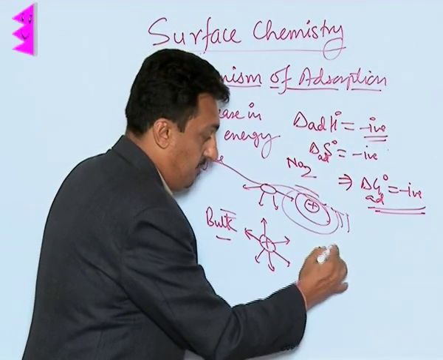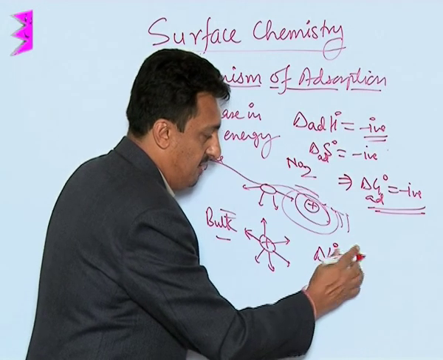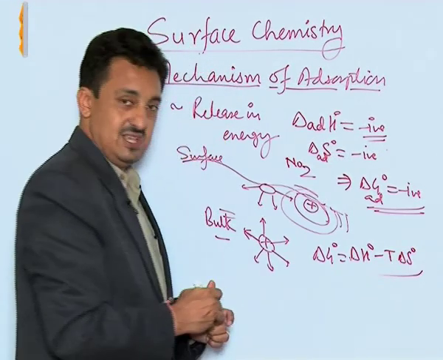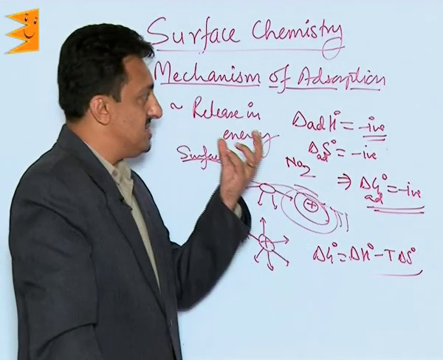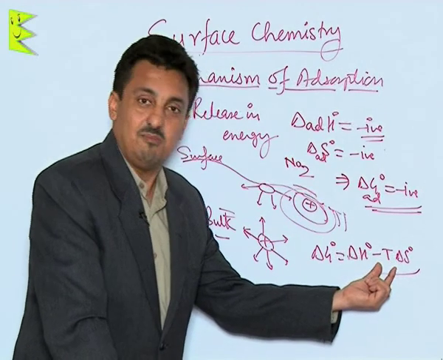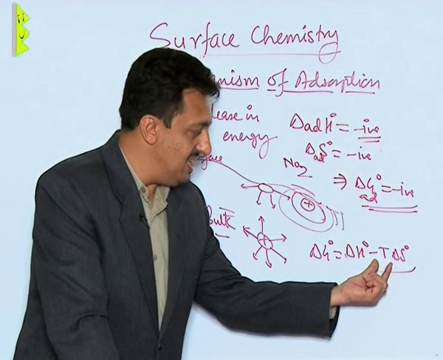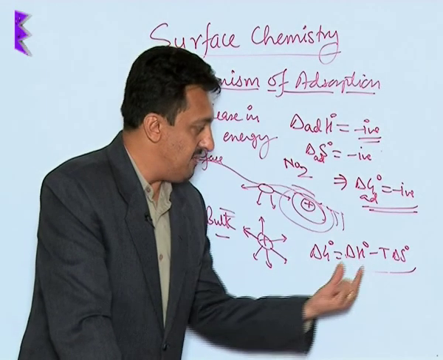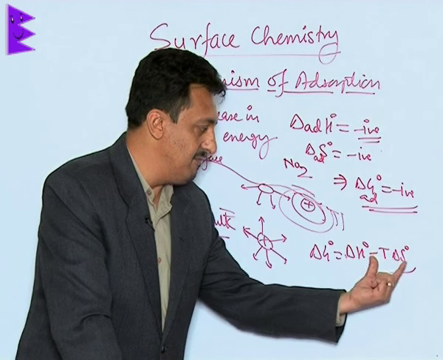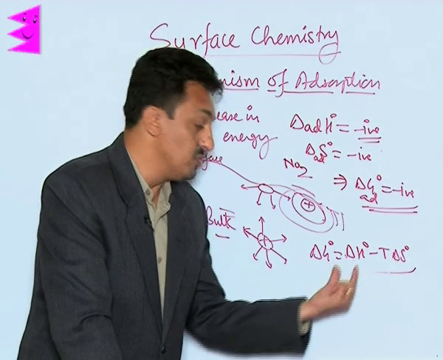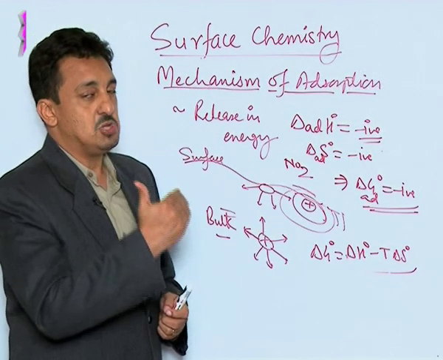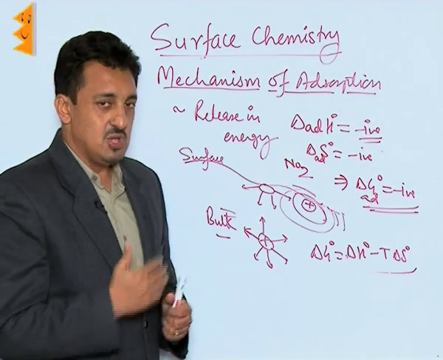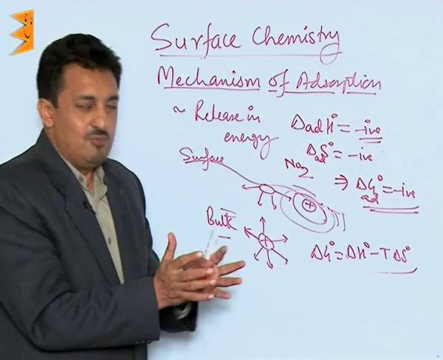Because the processes are spontaneous, and we know the formula, delta G is equal to delta H minus T delta S. That is why this adsorption phenomenon is temperature based, because T has to be under certain limits. Otherwise, the negative delta S will make this term positive and the sum of the two will become positive. So adsorption at higher temperature is not favorable. With the increase in temperature, it decreases. So it takes place at a lower temperature or at room temperature conditions.